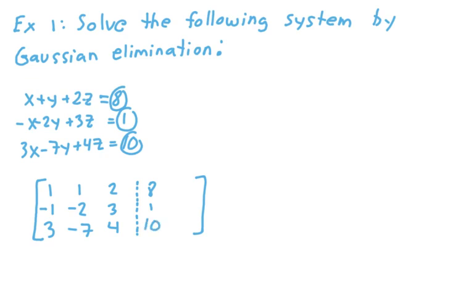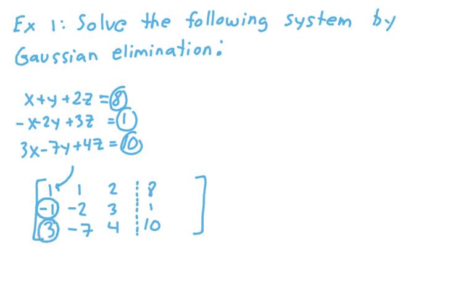Now, in the first row, I want the first non-zero number to be a 1. We're going to call that the leading one. Since it's already a 1, we don't have to do anything to make that happen. Now, from there, I'm going to use row 1 to make this entry a 0, and then use row 1 again to turn this entry into a 0.